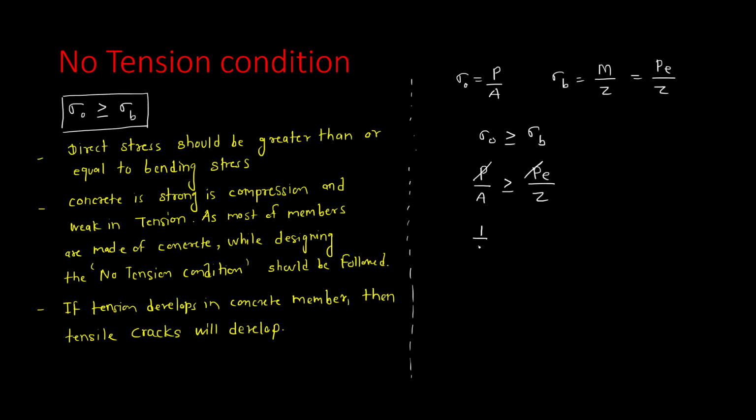So it is 1 by A greater than or equal to e by Z. So we can write e is less than or equal to Z by A.